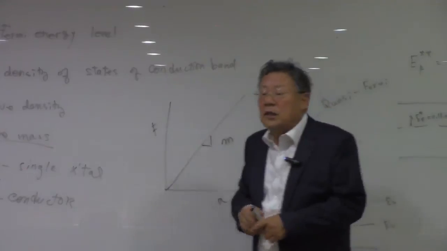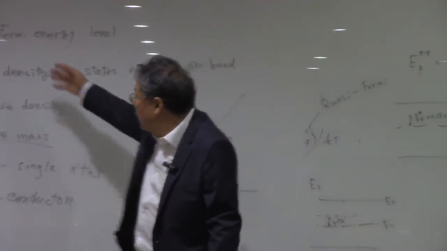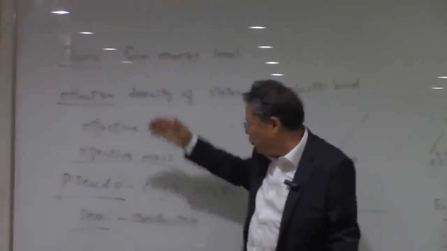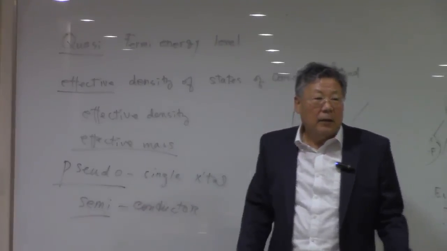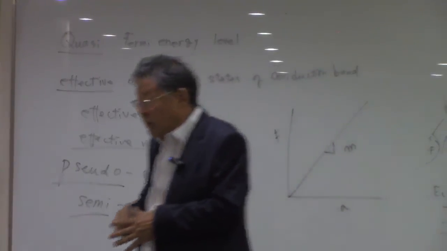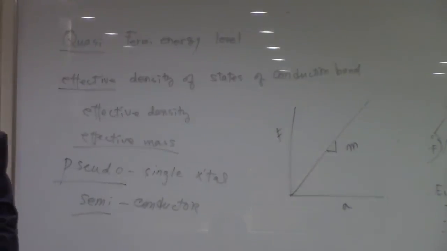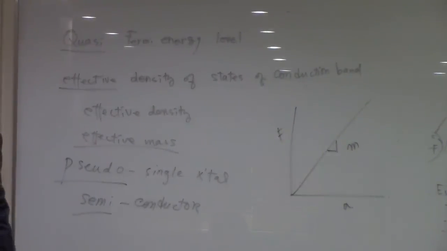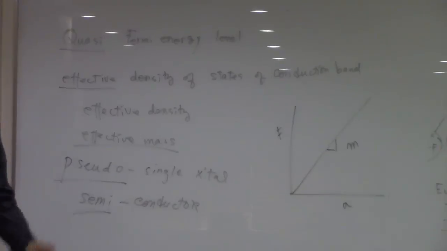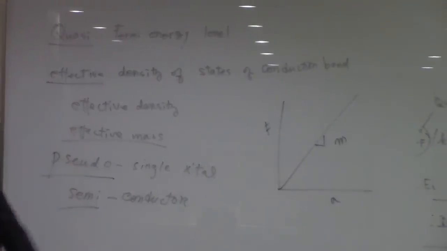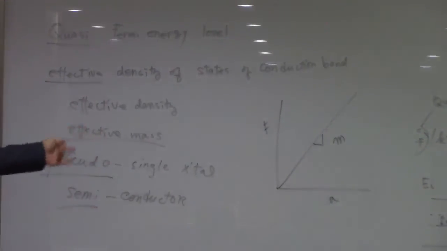So whenever you encounter quasi-effective, pseudo, semi, all you have to do is, we don't know what it is, actually. We just regard it as corresponding to the density, mass, or whatever.